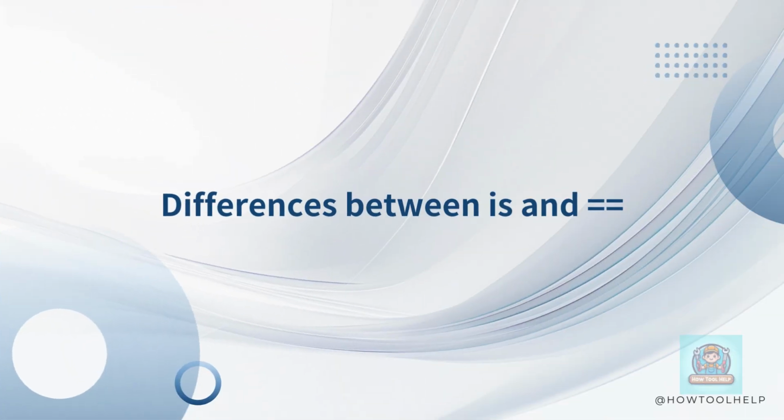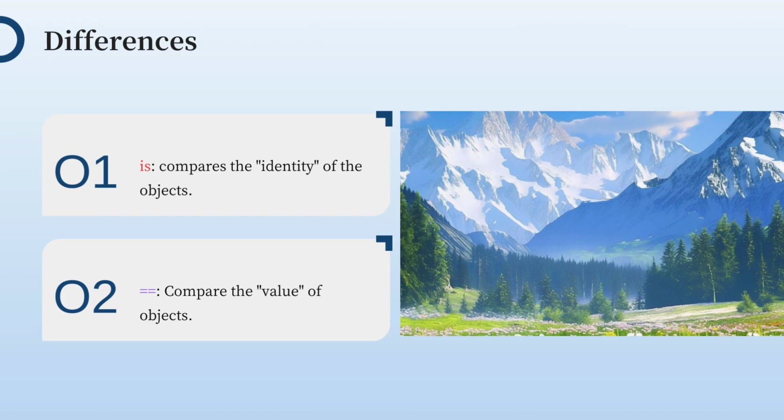Differences between is and ==. Next, let's talk about the differences between is and ==. "is" compares the identity of an object, that is, whether two variables point to the same object. This is very important when checking None, because we want to confirm whether the variable is really the singleton object None. == compares the value of an object, that is, whether the contents of two objects are equal.